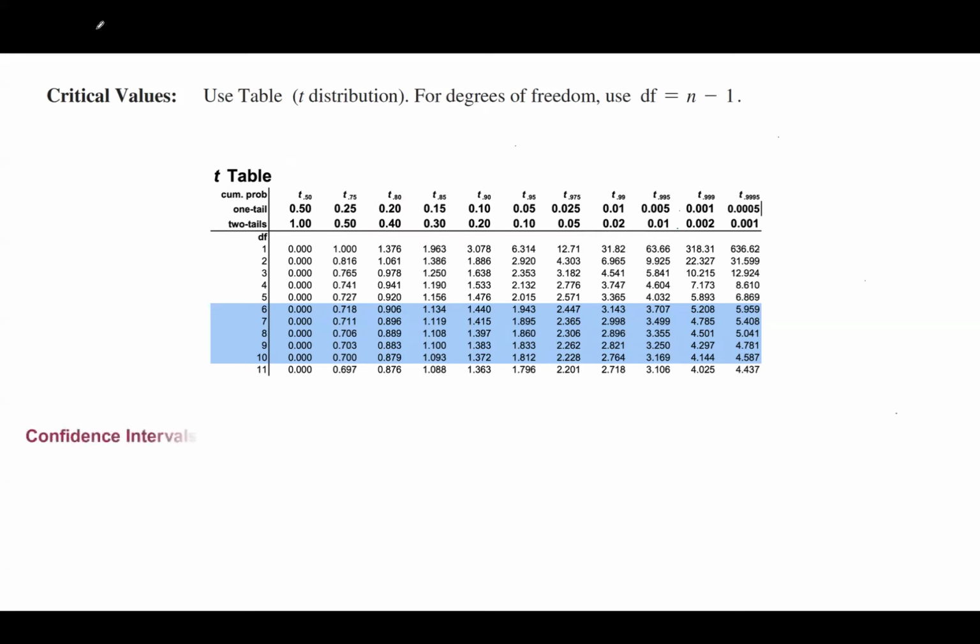For the confidence interval itself, the confidence interval for matched pairs can be calculated this way. On the left-hand side, you have d bar minus E. This is your lower bound. And on the right-hand side, you have d bar plus E. So after calculating the margin of error, we do the algebra.